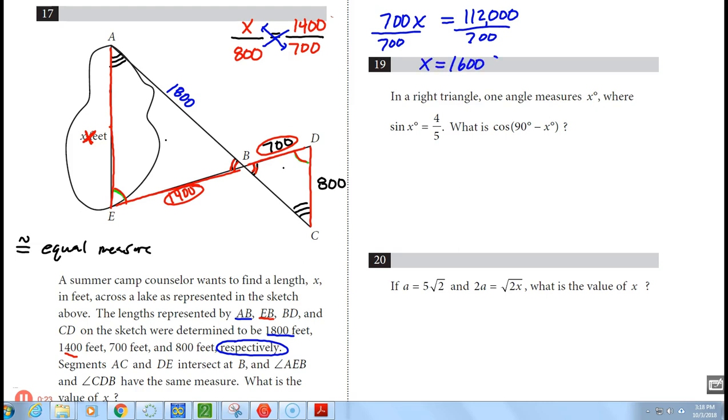Now I always want to go back and say, does that really make sense? So let's look over here. Does that make sense with my picture? And I think it does. And the reason why it makes sense is if I go back up here to my proportion, before I cross multiplied, I might have seen that these numbers were a little bit friendly. This ratio over here on the right, that top number was exactly 2 times larger than the bottom.